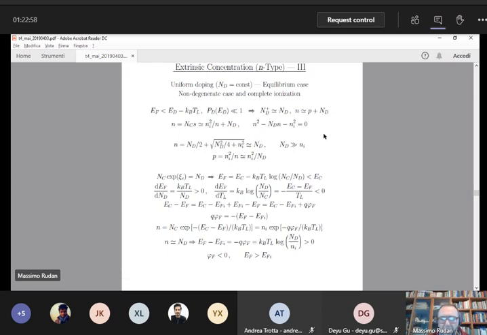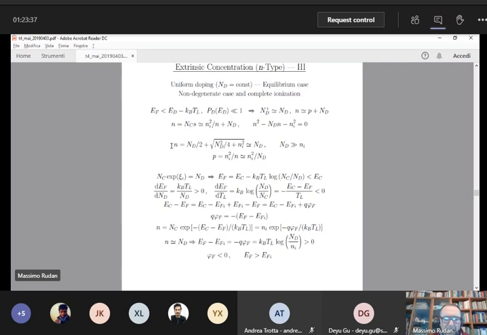Nd becomes Nd times small n. You bring it to the left. p becomes np, but np is equal to ni squared because we are in the non-degenerate case. And if you look at this expression, this is just an algebraic equation of the second degree that you easily solve for small n.